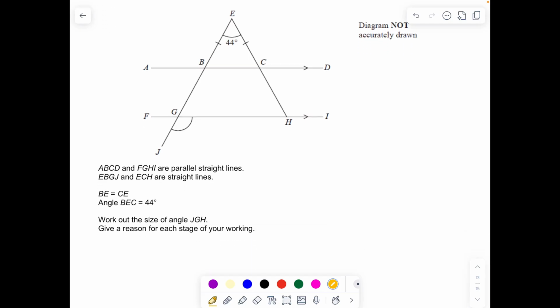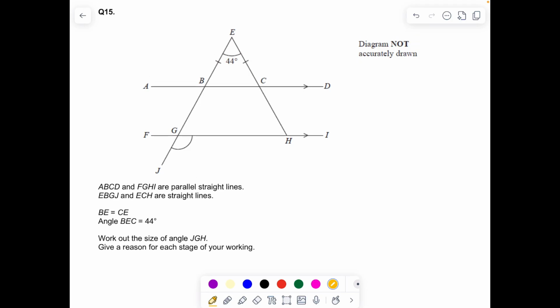Okay, next one. They want us to find the size of angle JGH. So JGH, which is here. They want you to find that angle there. And they also want you to give reasons, okay?